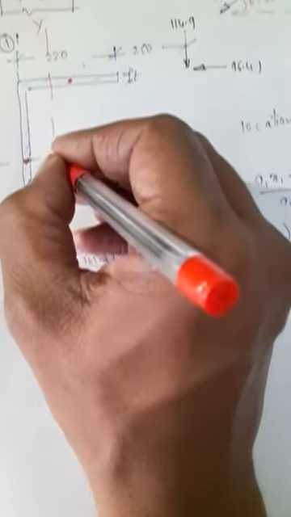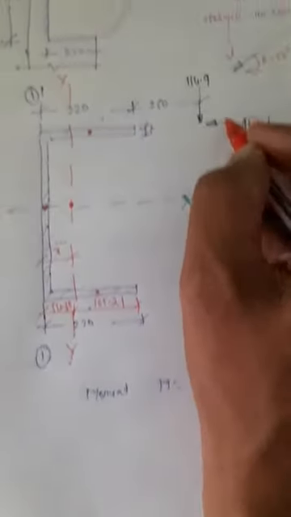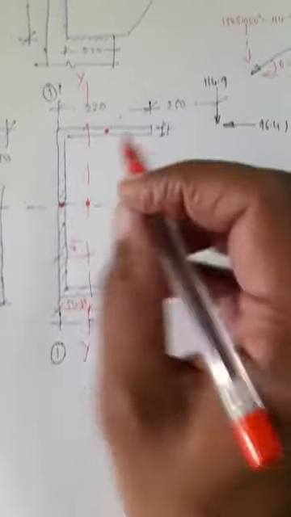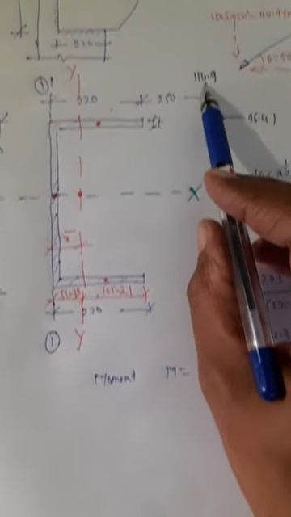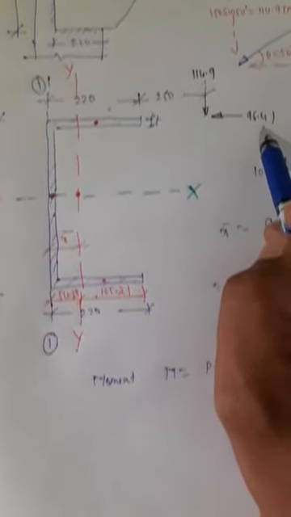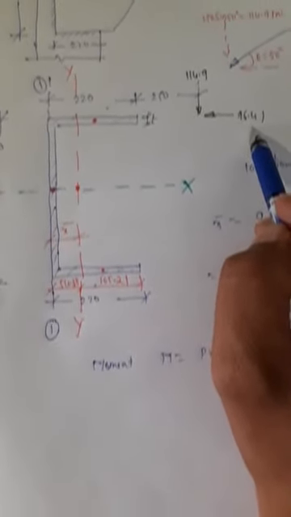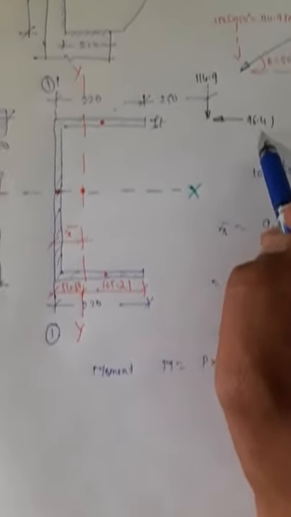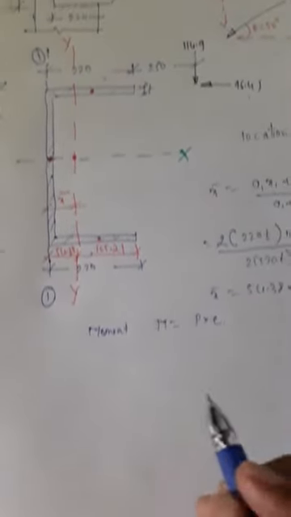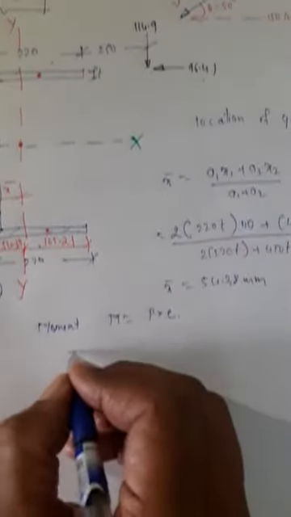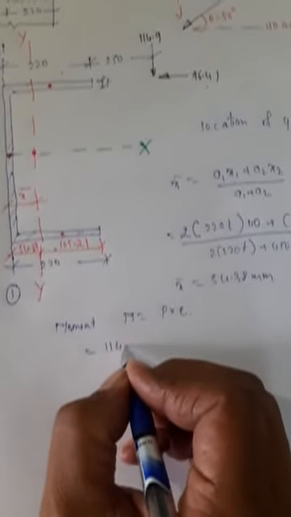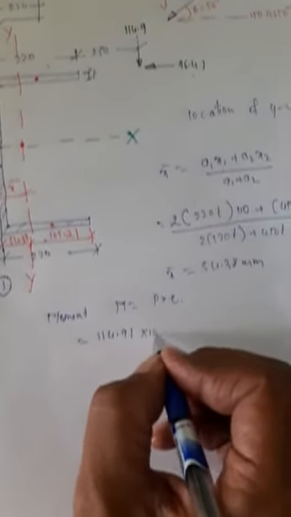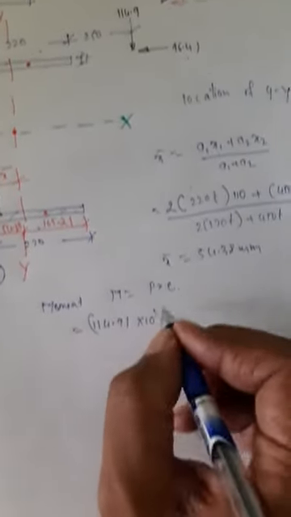Now I have to find the moment generated because of these two forces at the CG point. If you look at this diagram, this 114.9 produces a clockwise moment and 96.41 produces an anti-clockwise moment. So one I have to consider positive, another negative. Now let me start writing the equation. Moment M, because of vertical load: the load is 114.91 into 10 raised to 3 newtons.